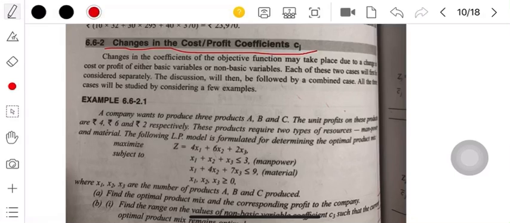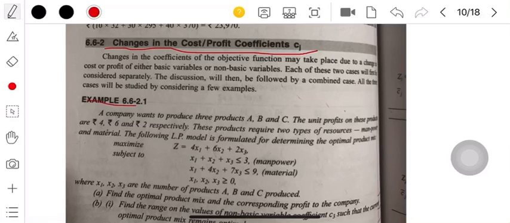But there may be a case that the solution becomes non-optimal, then again we have to find the optimal solution. In this manner we are going to see how to tackle the situation where the coefficient of the objective function changes. I am taking one example, and with the help of this example I will be dealing with the question.